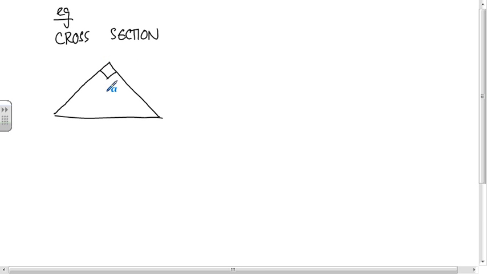Well, the centroid is going to be, if we call this L, let's say that's L2, then the centroid is going to have to be L over 3 that way, L over 3 that way, then the y-axis is going to point up, and the z-axis is going to point that way.